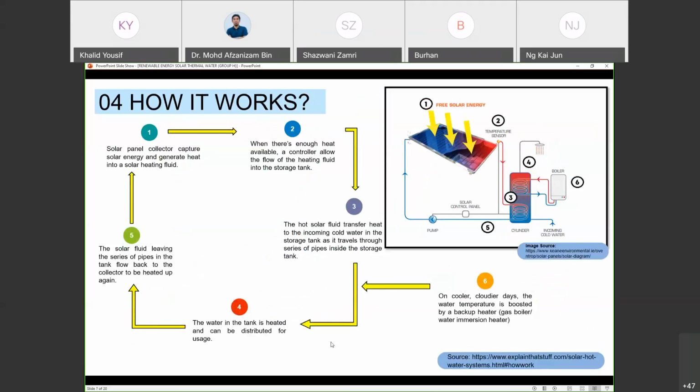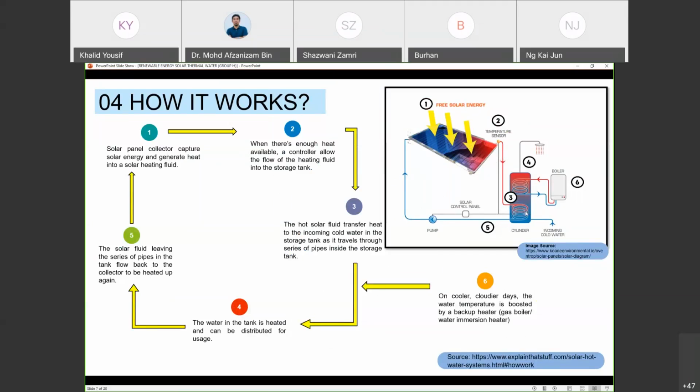And how it works: first, the solar panel collector captures the energy and generates heat into a solar heating fluid inside the tubes. Then when there's enough heat available, a controller allows the heating fluid to flow into the storage tank.